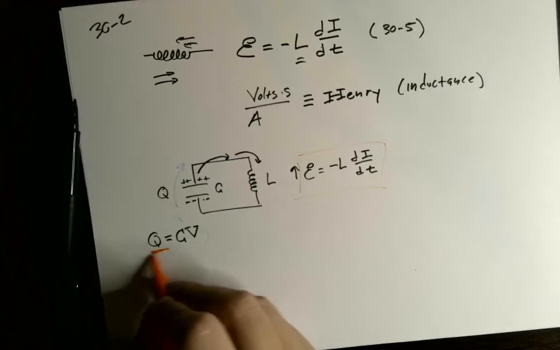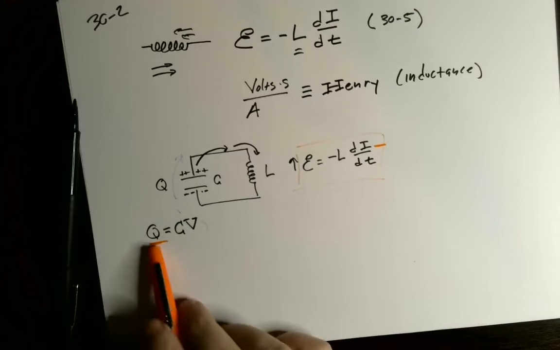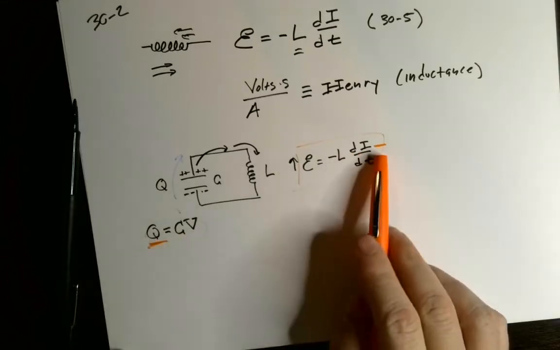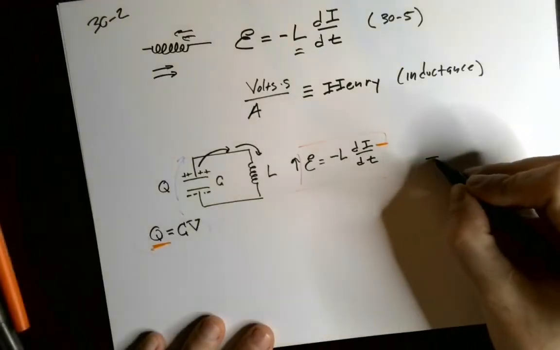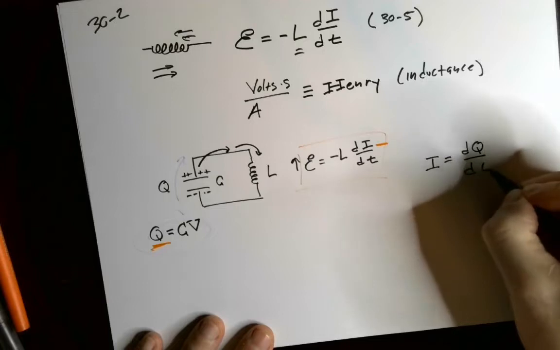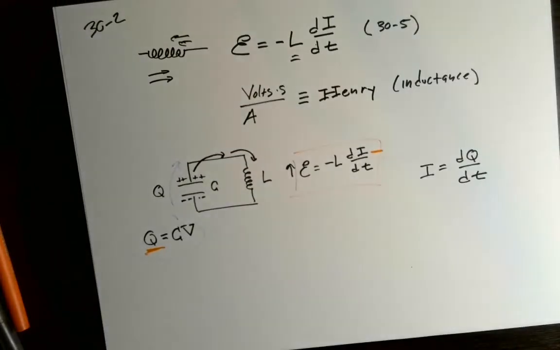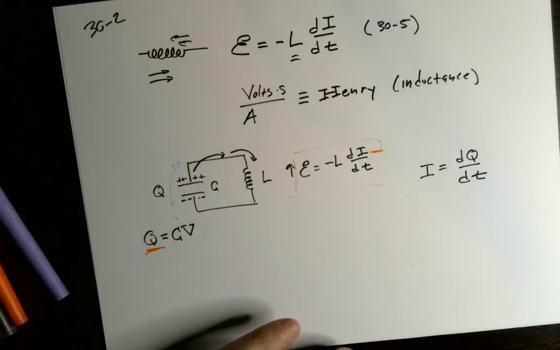If we look at these two equations, they seem to involve different things. They involve the charge, and they involve the current. But remember that current is equal to the rate of change of charge, the rate that charge is flowing past a point in the circuit.